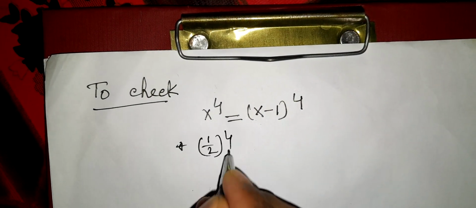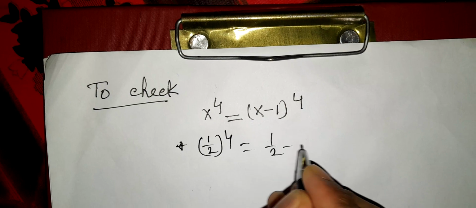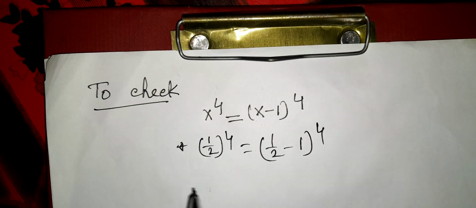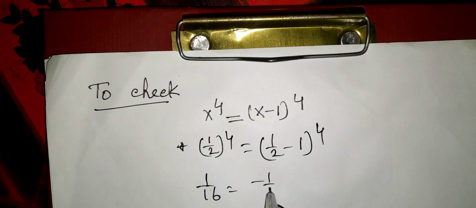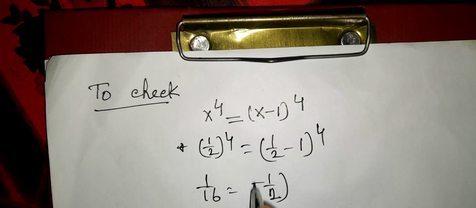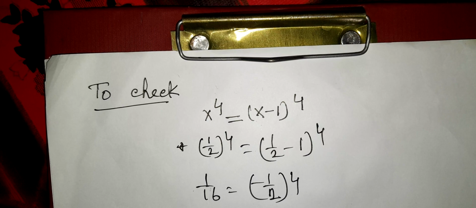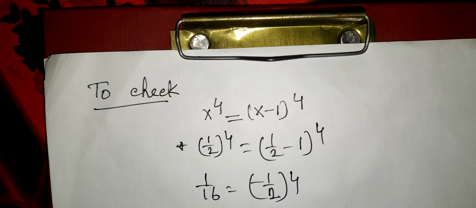Half all to the power 4, (half minus 1) all to the power 4. 1 by 16 equals (minus 1 by 2) all to the power 4, which is 1 by 16. So it is true.